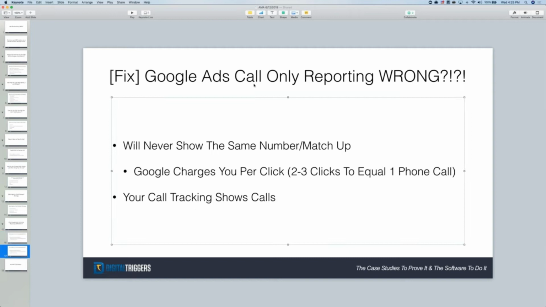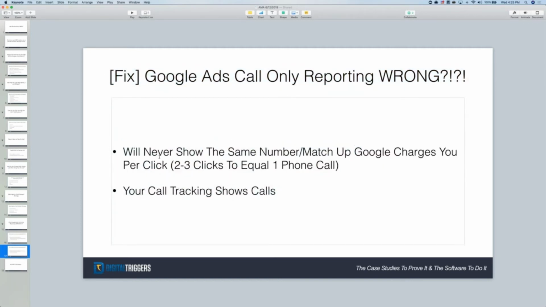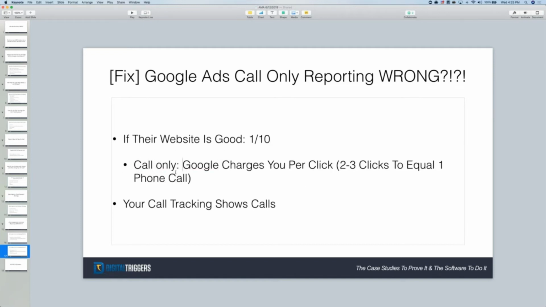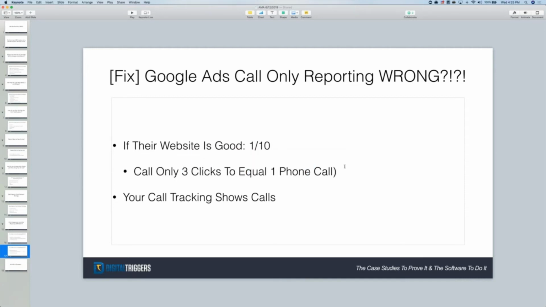Okay, so let's break down the math here. If their website is good, it's probably converting customers at 1 in 10. Okay, if with call only, even on the worst case, it takes 3 clicks to get a phone call, meaning 1 in 3, right?